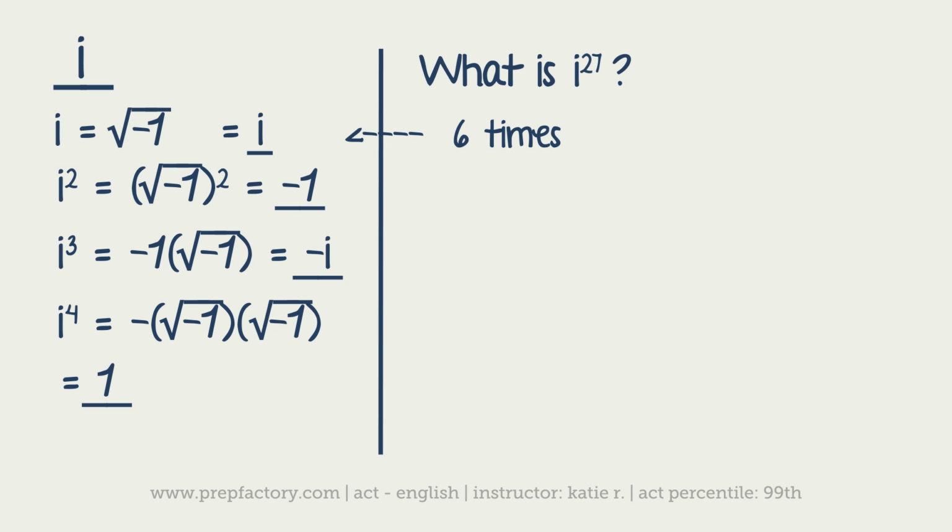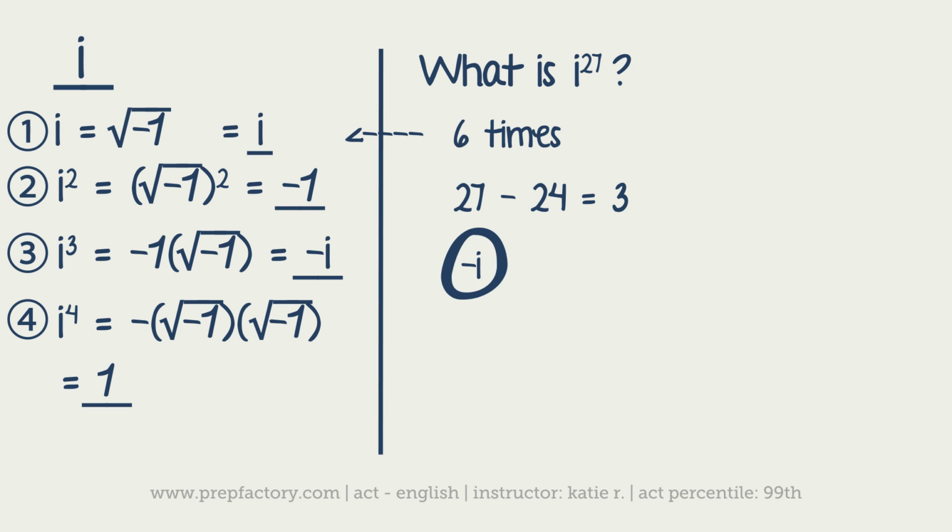Then the difference between 27 and 24 will give us the number of times we have to move. That's 3. So you start at number 1, and go ahead and number these over at the left-hand side so you can see them. 1 would be i, 2 is negative 1, and 3 is negative i.